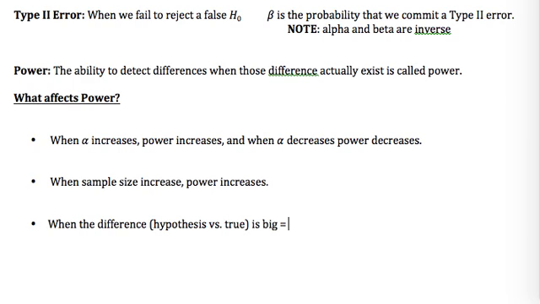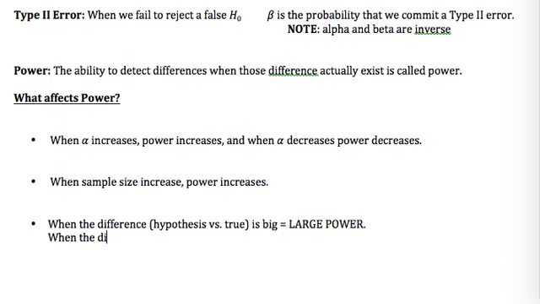You have a lot of power or not very much power? If there's actually a big difference between what you guessed and what the real thing is, are you going to be able to figure that out or not? Yeah, you're probably going to be able to figure that out because there's a big difference. Does that make sense? So in other words, you have a lot of power. Large power.